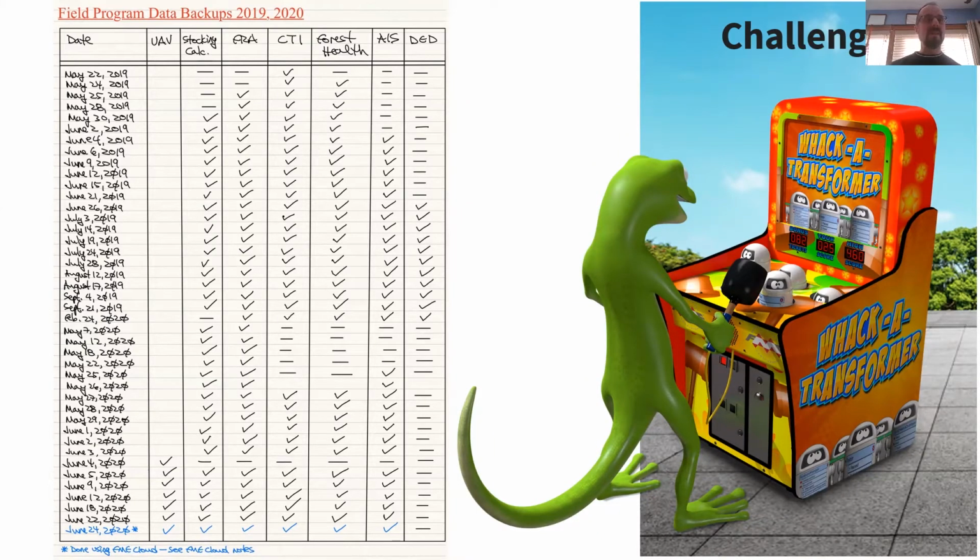I was trying to do that every day or every other day, but that didn't happen. You'll notice at the bottom, June 24th, 2020, there's a little asterisk, and that's when I started using FME Cloud. So that's when this manual recording of what I was doing for backups ended.